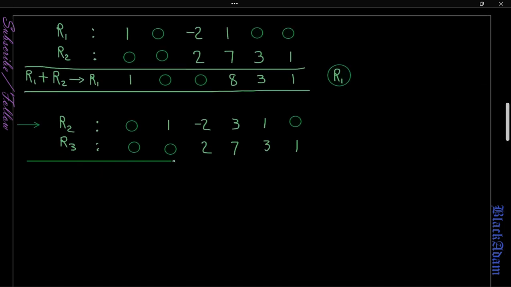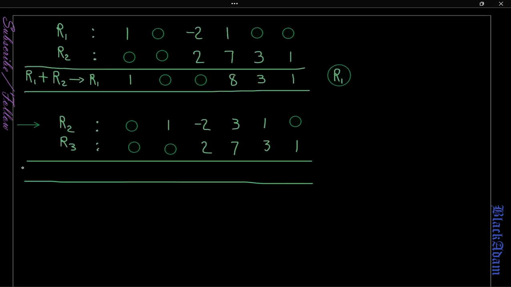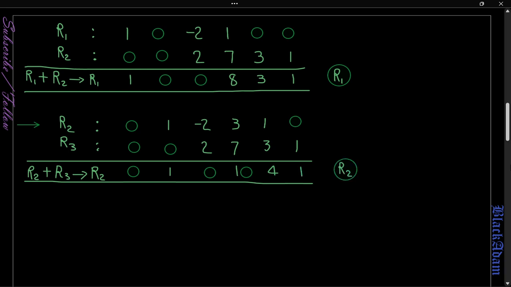Adding them together gives us row 2, and that's 0 1 0 10 4 1.